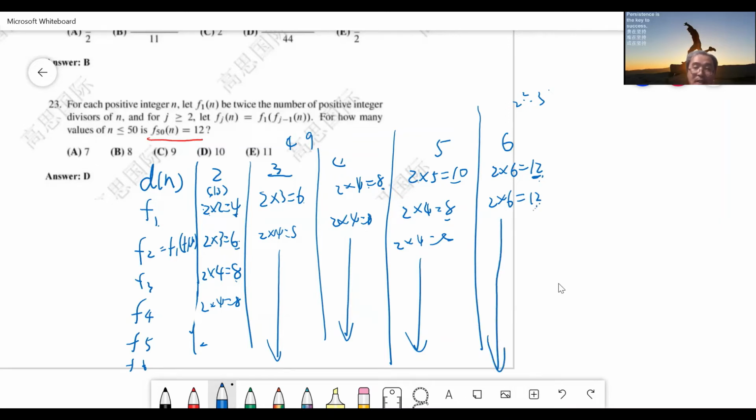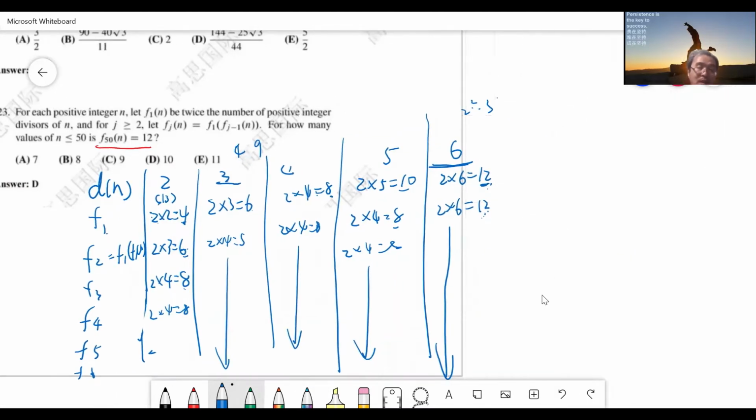Now you can see any form of this is going to give you the expected 12. F50 is going to have 12. Right? So let's call this 6 factors, right? We're going to find how many there are up to 50 later, right?